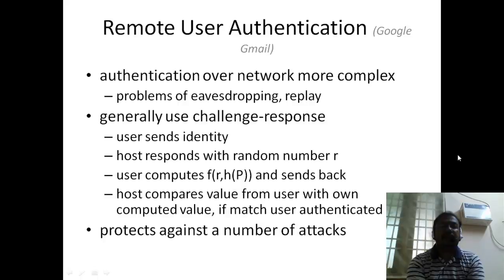Generally we use a challenge response model, where the user sends an identity, the host responds with a random number r, the user computes the function f of r comma h(p) and sends it back, and the host compares the value from the user with its own computed value.